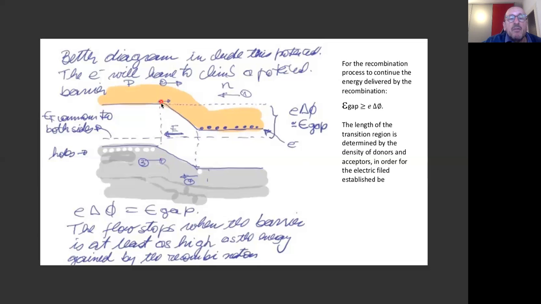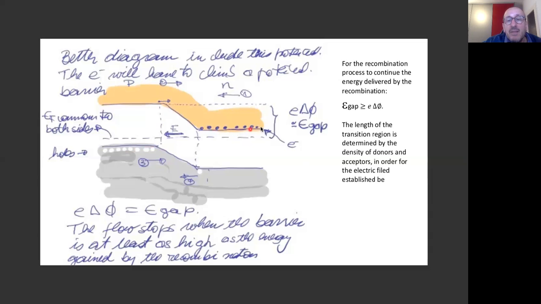Because to get this electron up here, I have to excite it from the valence band. To get the electrons up here, I only have to excite them through the donor level difference. This is the excitation energy that I have to overcome.